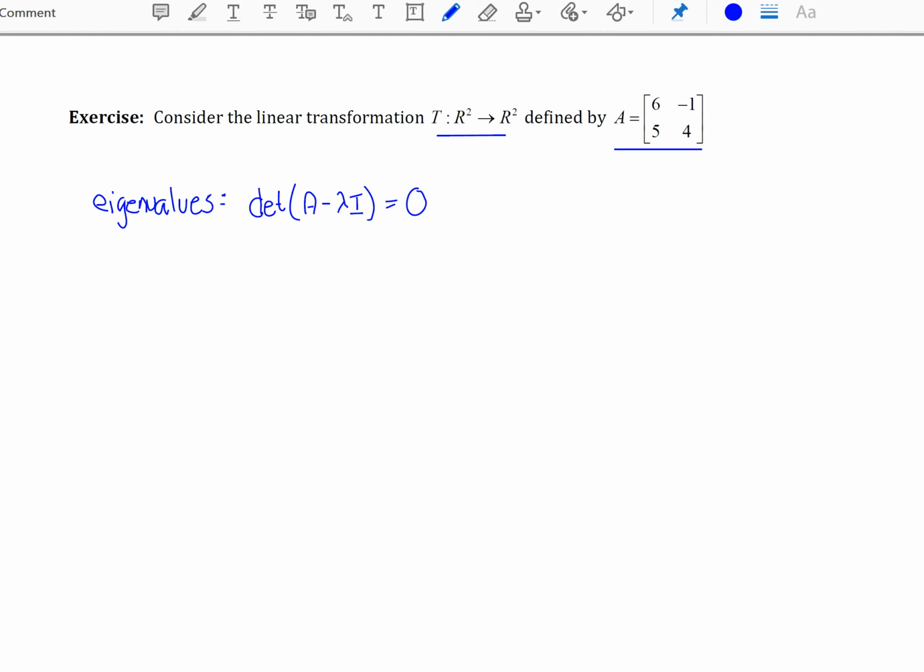We call this 0 the scalar. And A minus lambda I always subtracts lambda off the main diagonal. So 6 minus lambda, negative 1, 5, 4 minus lambda.